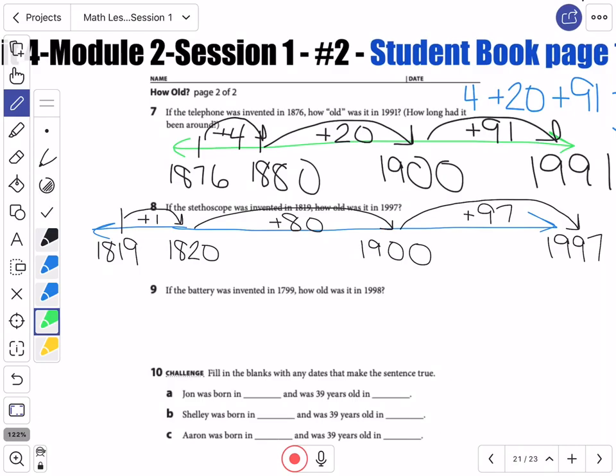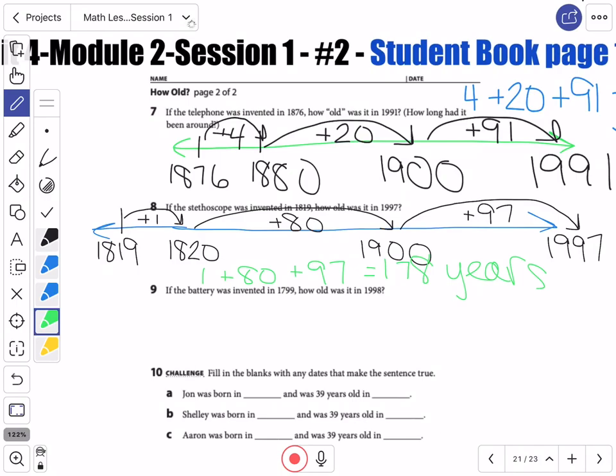So altogether, we have jumped 1 plus 80 plus 97. That is 178 years, which means that the stethoscope was 178 years old in 1997. Holy cow, that's crazy. And then finally, if the battery was invented in 1799, how old was it in 1998?